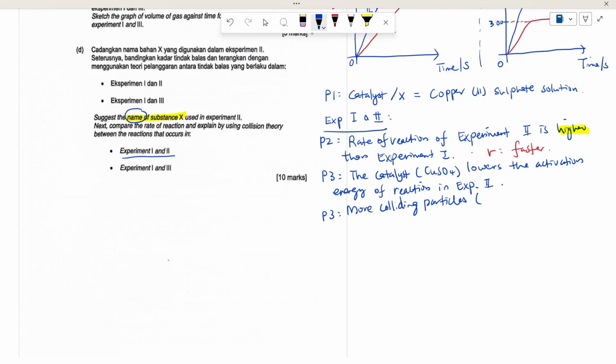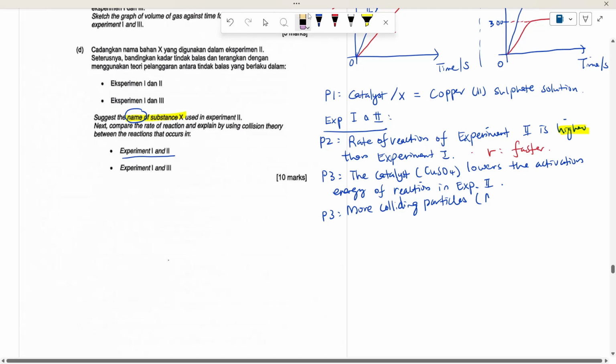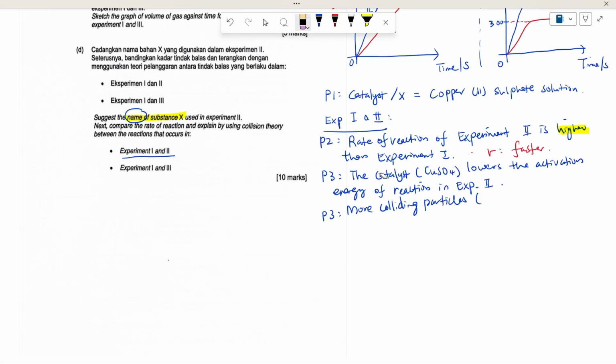It is not magnesium, it will be zinc atoms, and the acid will be hydrogen ions that can overcome the lower activation energy.